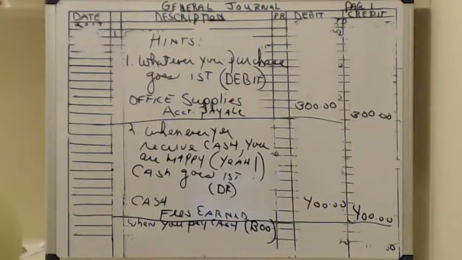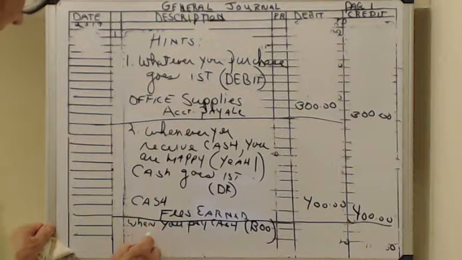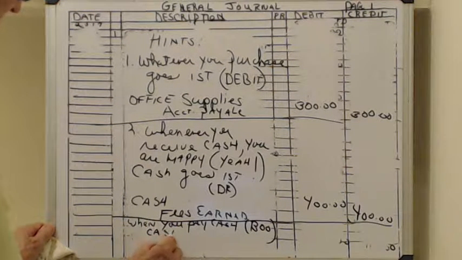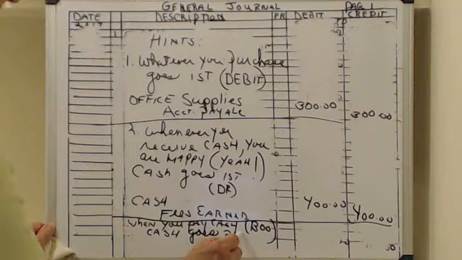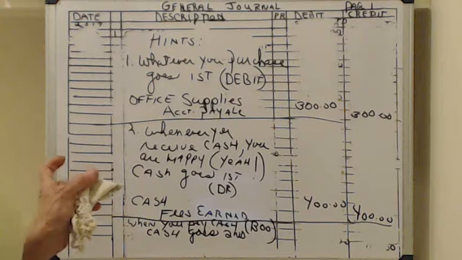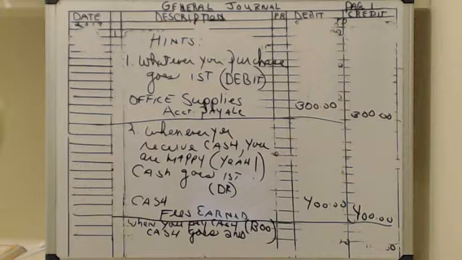I mean, who likes to pay cash? Anyway, cash goes second. You're going to hold back. You know, like you go to the mailbox and you get your Visa bill in the mail or your phone bill. You go, oh, I'm going to wait a few days before I pay for it.